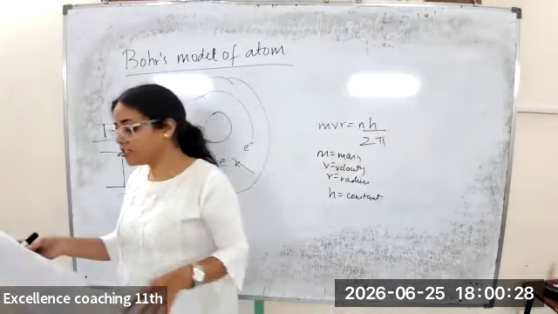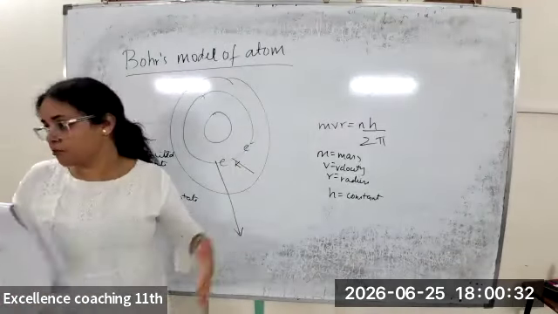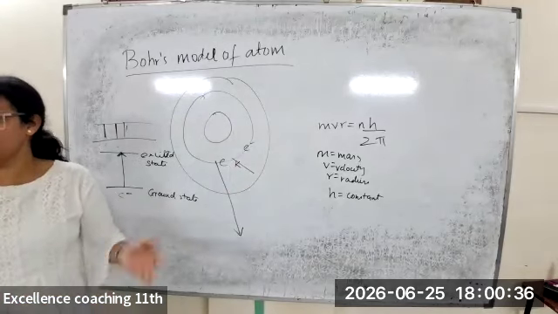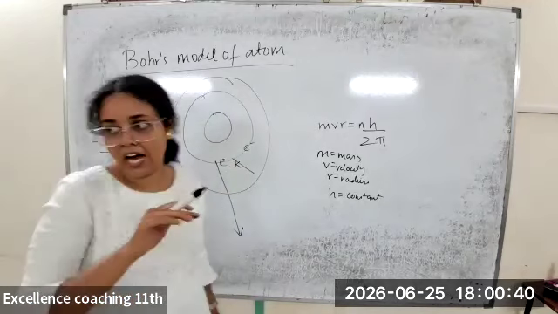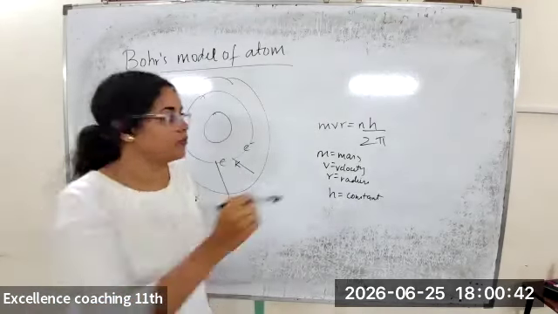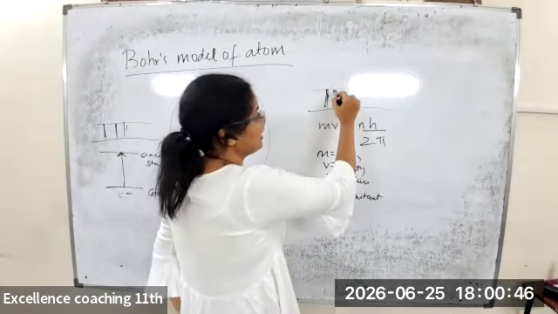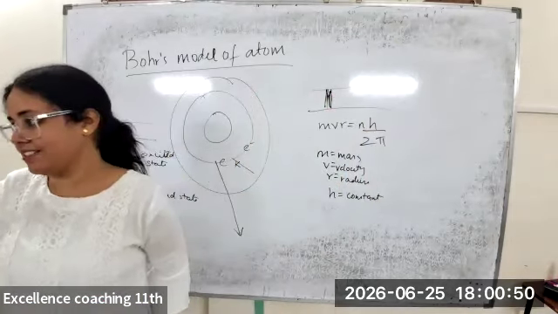But when I speak about the atomic spectrum, it will be the emission spectrum, the spectrum which is obtained after giving out energy. But in this, you will observe some dark zones. You will get some colors, and in between those colors there will be a dark zone, some black lines.